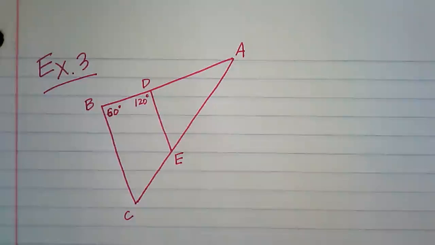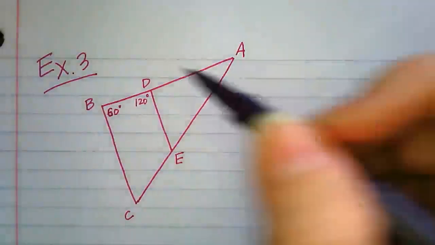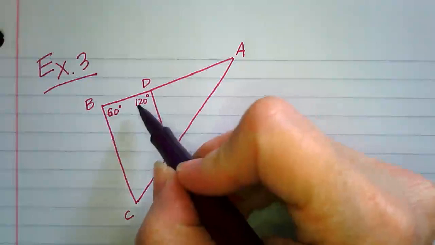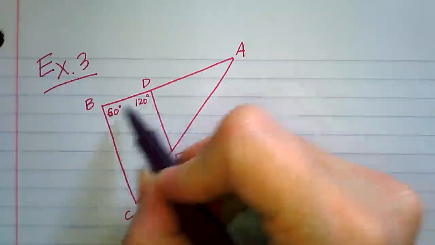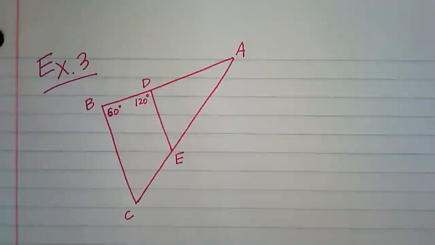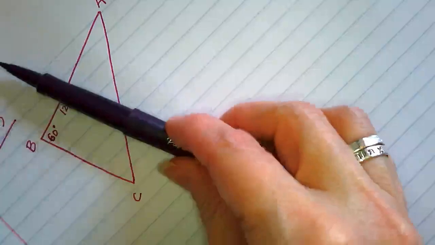So what I want to do is think about what I know from previous math to fill in some other angles on this triangle. If you look at this, these are parallel lines with a transversal.